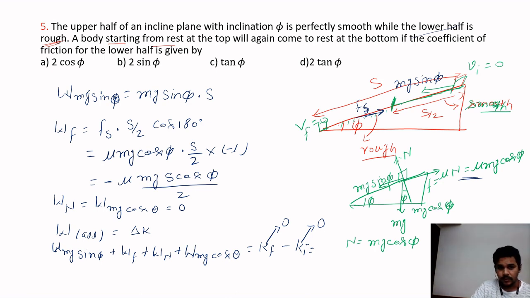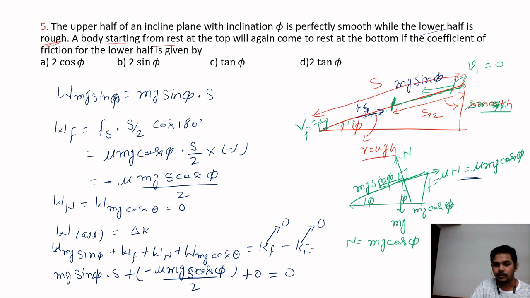So let's substitute all the things one by one. Work done by mg sin phi will come mg sin phi into s, plus work done by friction, which is negative, so minus mu mg s cos phi by 2, and all the other terms will become 0, equal to 0 itself.